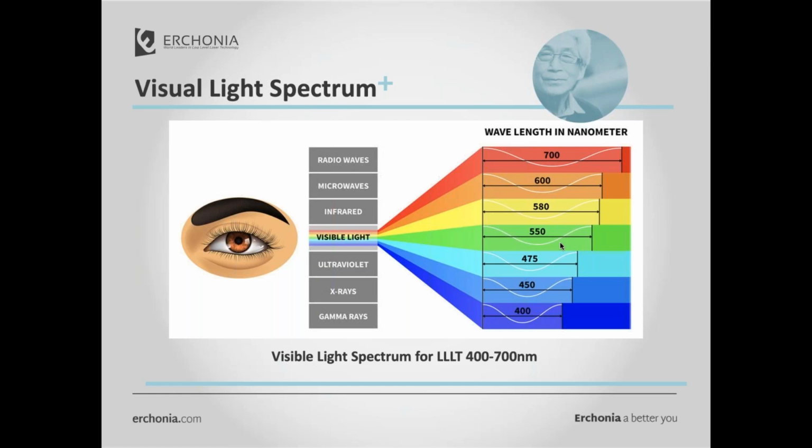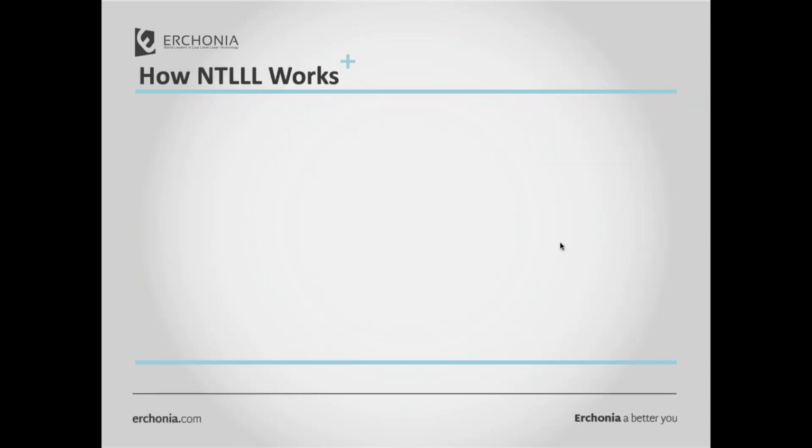Some of us can see below that, some of us can see above that, or some of us think that we can. When we talk in terms of a nanometer, we are talking about the distance that light travels in a second over a centimeter measure. As you can see from the bit that just came up, it's quite a big distance.